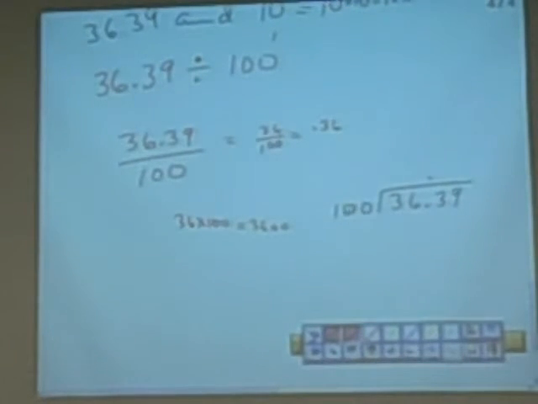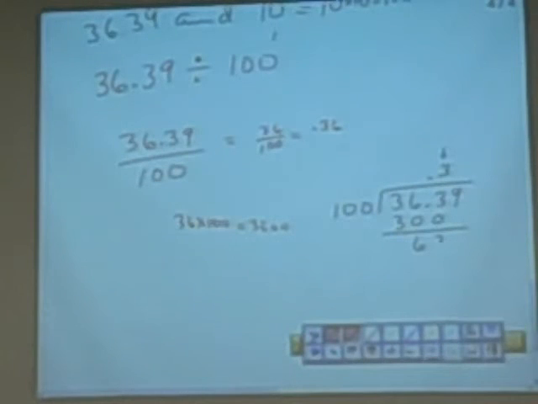So 100 doesn't divide into 36, right? So we actually have to start off to the right of the decimal point. So 100 will divide into 300 3 times, right? So now 3 times 100, of course, that'd be 300.